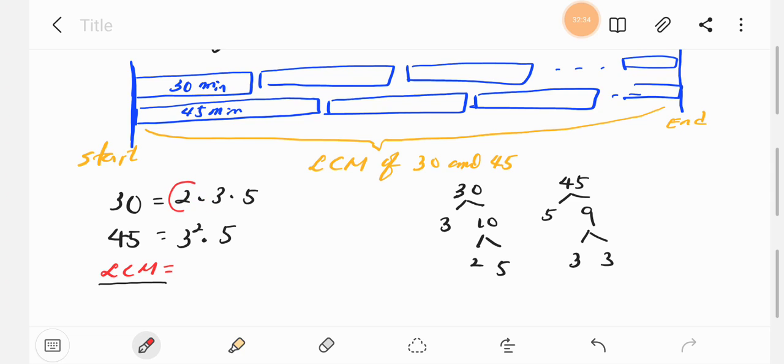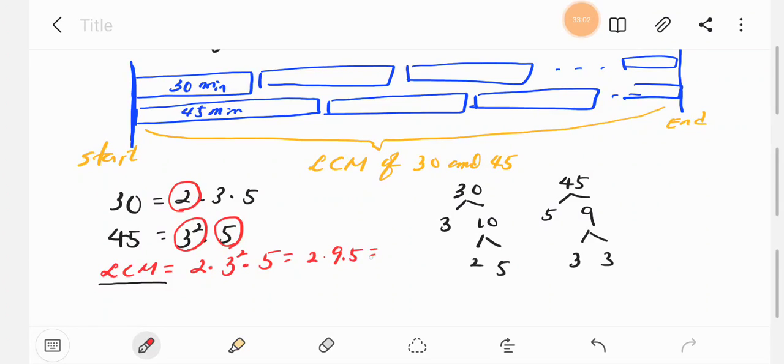So 2 is the only one, so that's the largest one. And for 3, there are two factors of 3, so we select the largest one. And for 5, they are the same, so we select one of these two. So the LCM is the product of these circled factors, which is 2 times 9 times 5.